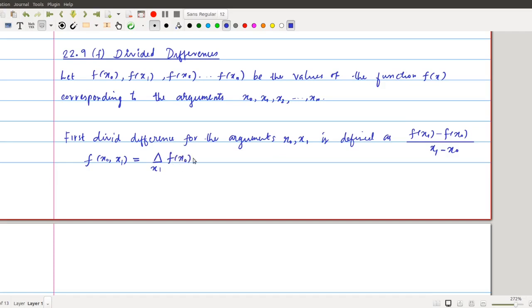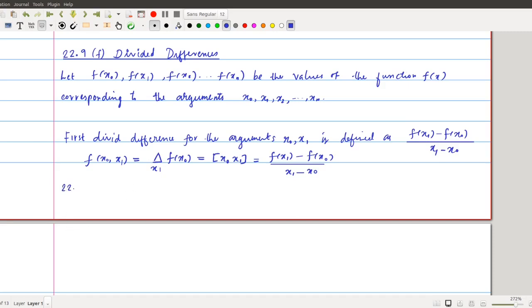This is another symbol for this divided difference, or you can use x0 x1. These are the notations to denote f of x1 minus f of x0 divided by x1 minus x0. Using this divided difference, we will explain one more divided difference formula.